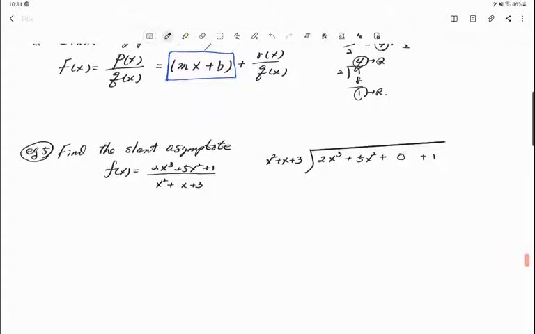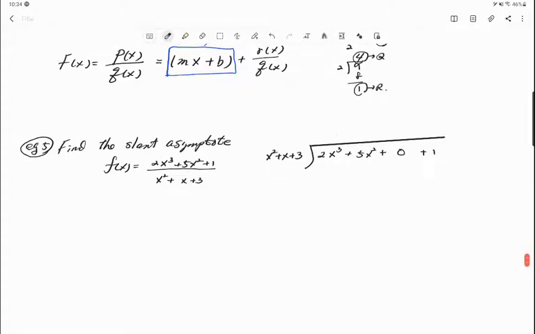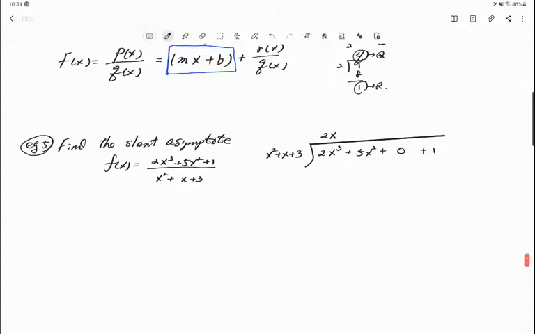Let's divide it. So x goes here, 2x goes here, so the first product will be 2x cubed, and the product of the second term is 2x squared. The third term is 6x, and then we subtract, top minus bottom, right?